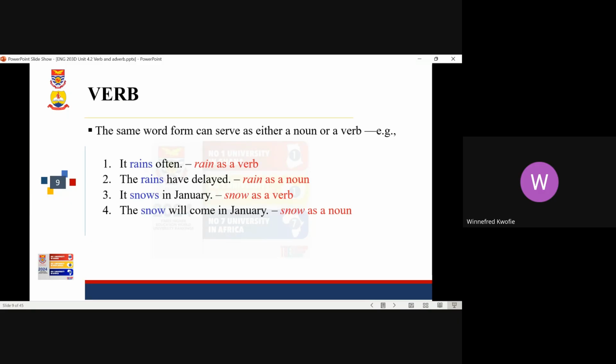It rains often. In this sentence, we realize that rains is denoting a process, and so rains here becomes a verb. But then, the rains have delayed. You realize that even the word rains has been given an article. That shows that in that context, rains is not a verb, but it is a noun, a naming word.